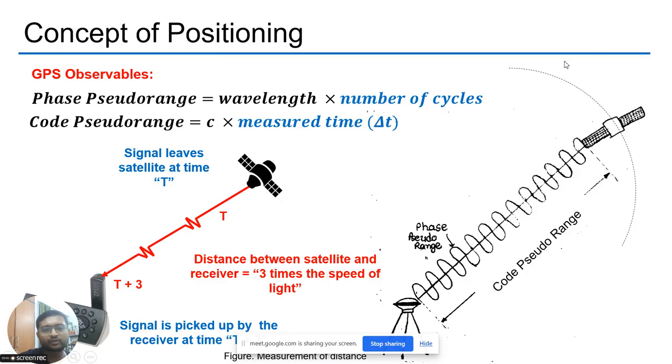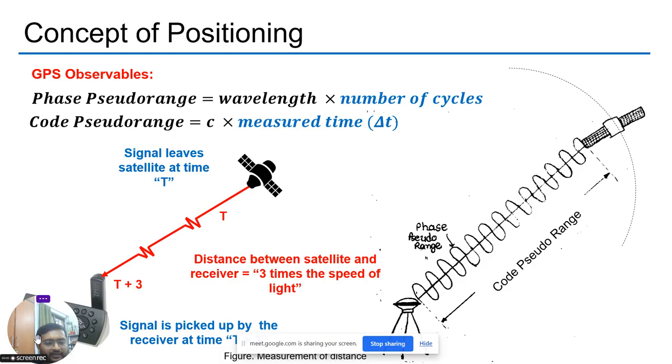That is known as the phase pseudo range, where we know the wavelength of the transmitted signal and how many cycles it has covered. If, say, there is a half cycle, then the phase becomes 50%, or we can say the phase is 180, if we take it in terms of 0 to 360.